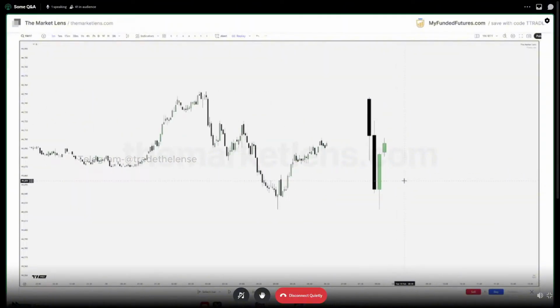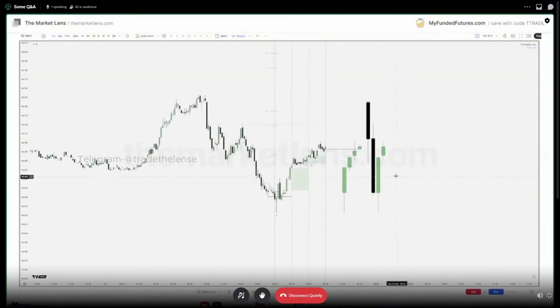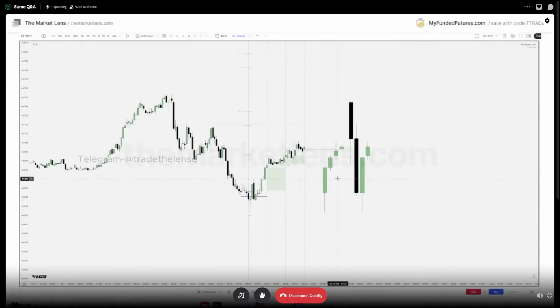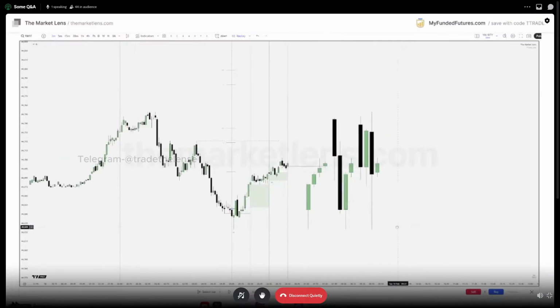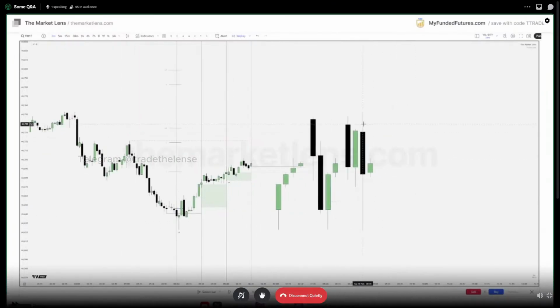Taking a look at the 4 hour, we have this candle that's closing below the previous, which is a candle 3 slash candle 2 closure slash ideal formation.